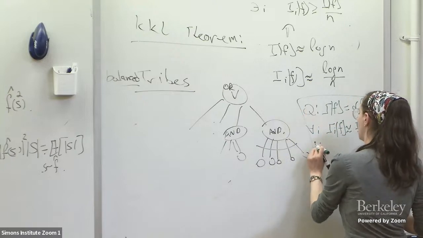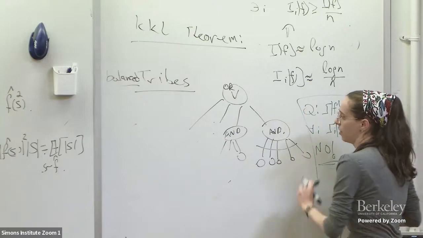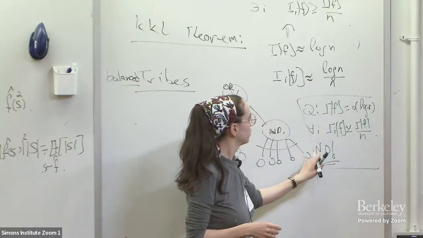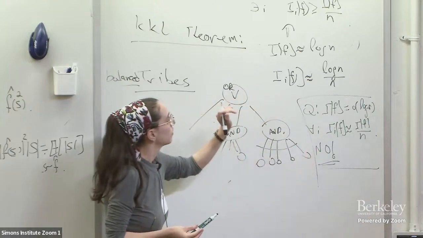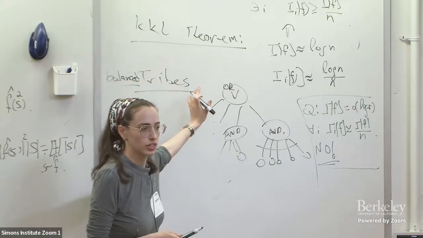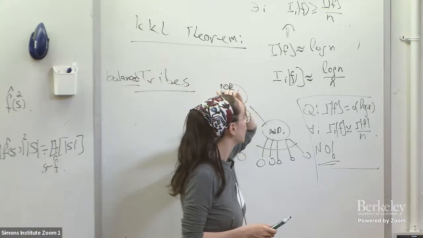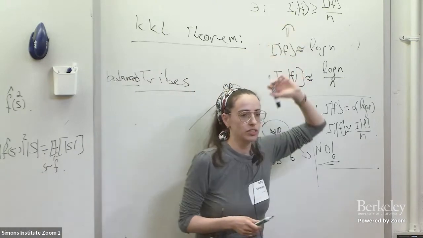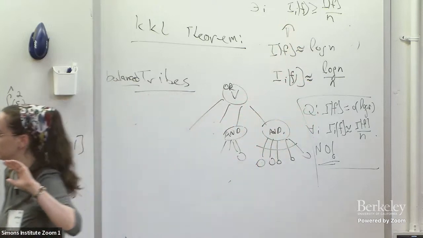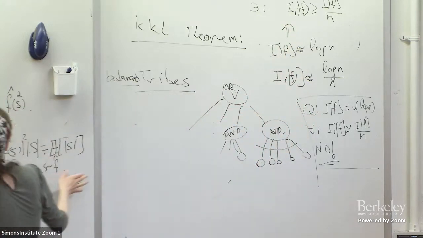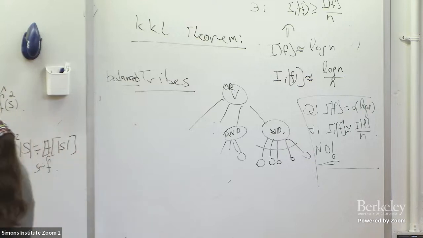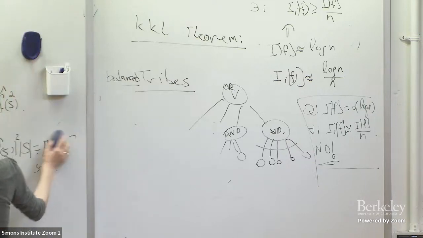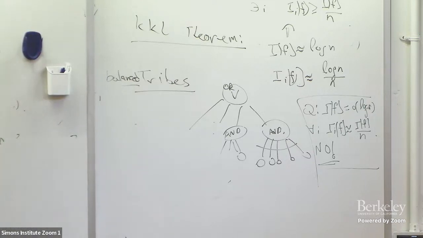So the answer is no. Every balanced Boolean function at least, though they also have a non-trivial result for non-balanced ones, has at least one individual influence which is large, not trivially large. So let me state it somewhere.